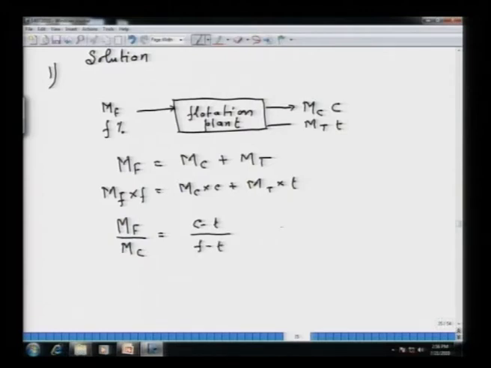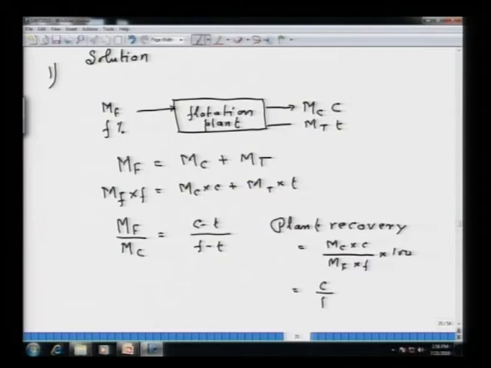Therefore, the plant recovery is equal to M_C into C upon M_F into F, into 100, or we can also find out the recovery from, as I have derived this particular formula, (F minus T) upon (C minus T).